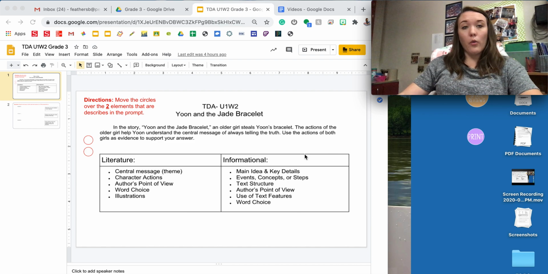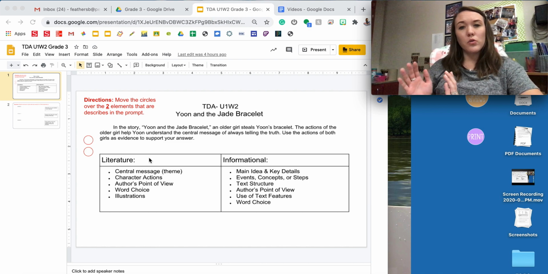This chart always stays the same as well. We have our elements for literature or fiction, and our elements for informational or nonfiction. Our story this week, which is entitled Yoon and the Jade Bracelet, is a literature story, so we only need to look at this side of the chart. The different elements that we are looking for when we are reading literature are central message or theme.